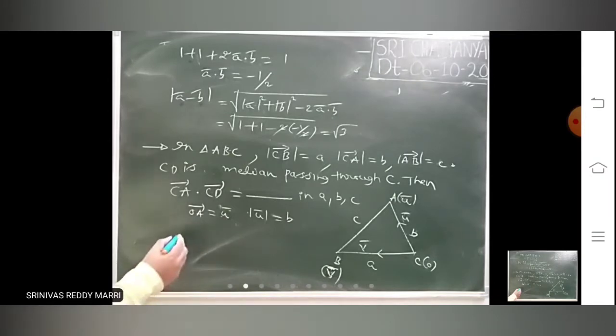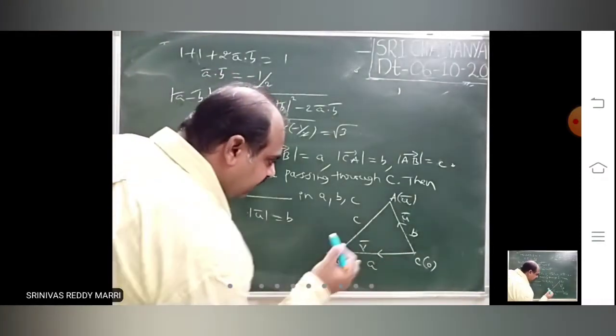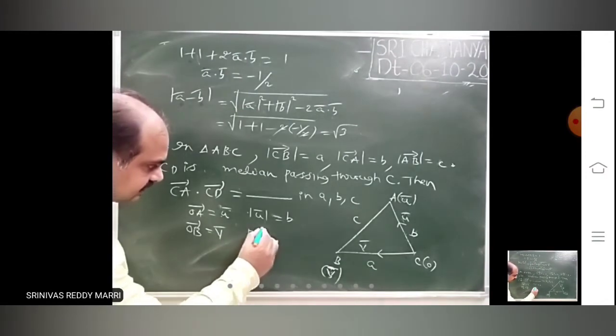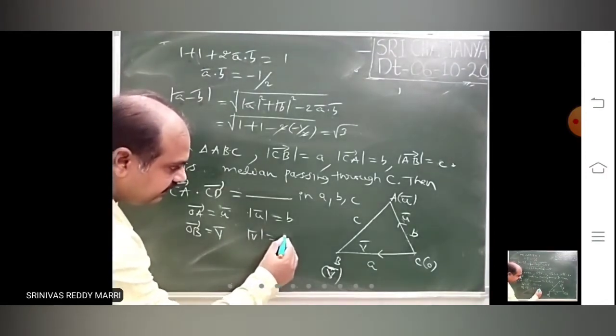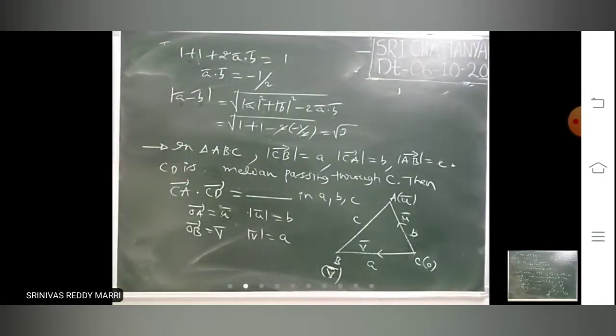And this vector I have taken as V bar, so the magnitude of V bar is nothing but a.